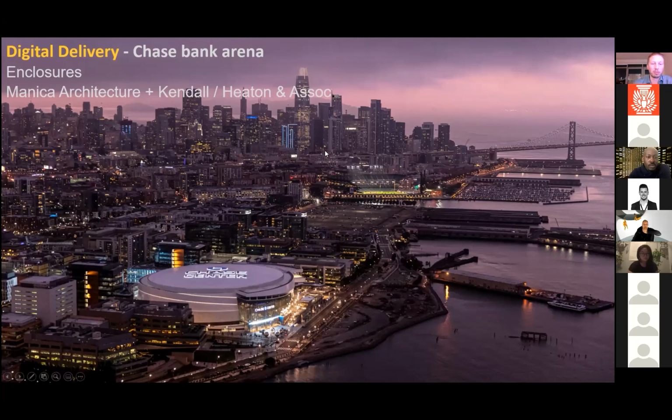If you can see my mouse on the screen, all of this here is about, if I'm not mistaken, 500,000 square feet of mixed-use development with the arena at its center. If you have worked on sports projects yourselves, you might be familiar with the fact that some of them tend to land a little bit like an alien presence in the city and not really relate much to their surroundings.